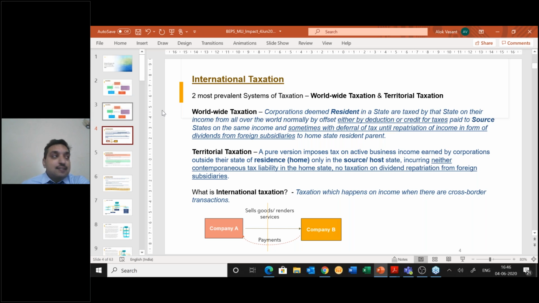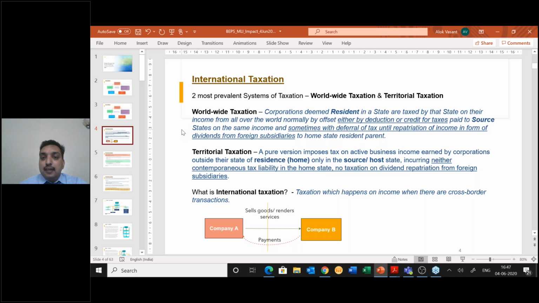In worldwide taxation, corporations deemed as resident in a state are taxed by the resident country, and they are taxed in respect of their worldwide income. So even if they earn an income outside their country, they are taxed in their resident country.